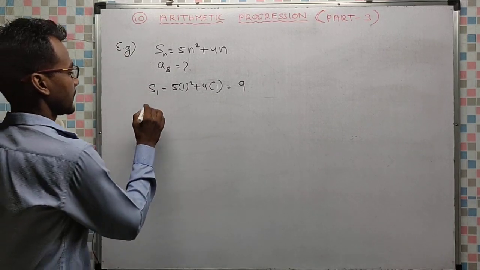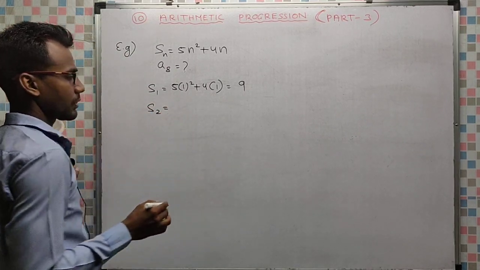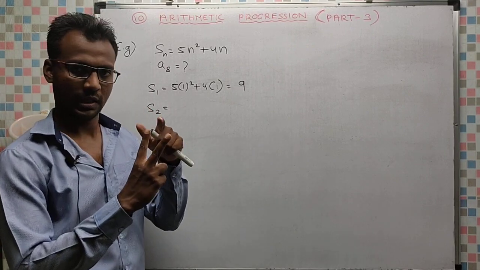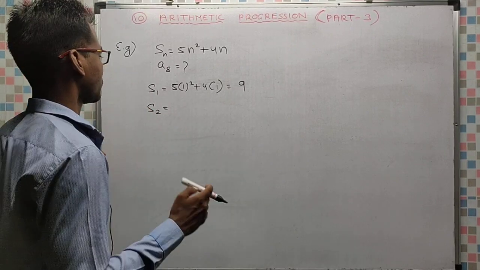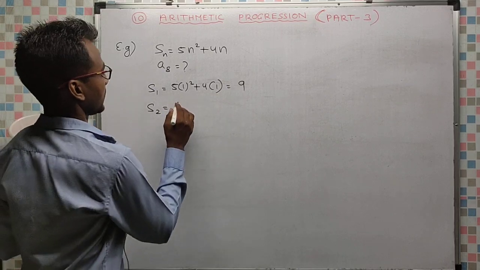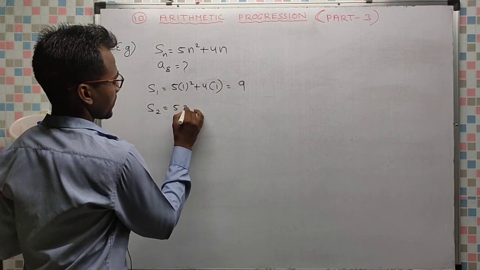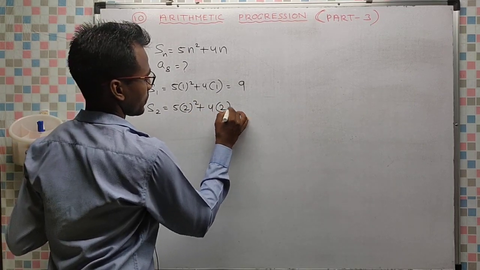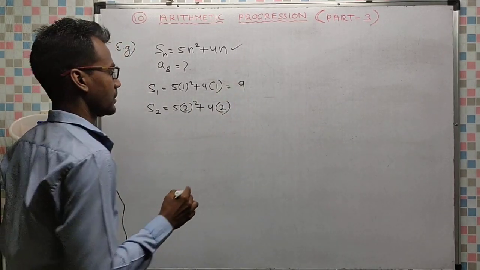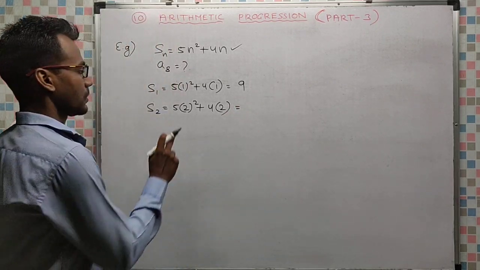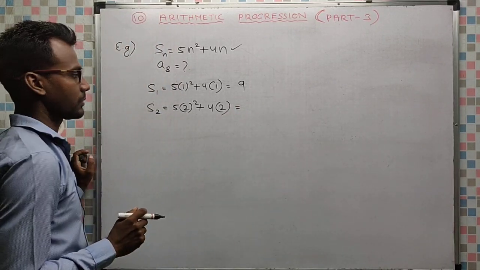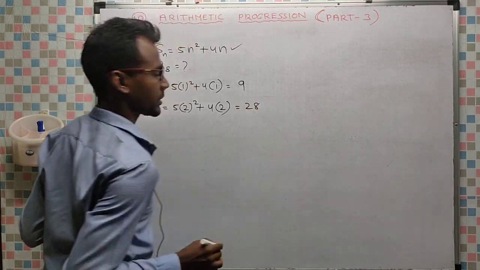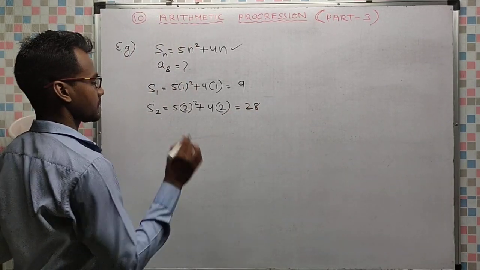What is S2? Sum of first two terms means A1 plus A2. S2 is equal to 5 into 2 square plus 4 into 2. Use this formula, which is given. 2 square is 4, 4 5s are 20. 4 2s are 8. 20 plus 8 is 28. Sum of first two terms is 28.